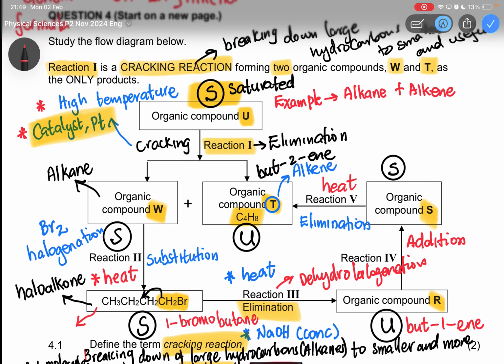Trying to simplify the work, so we are adding on to what you have already learned. And so these are just strategies. And remember Triple S USA, that can be a short version of remembering which compounds are saturated and which ones are unsaturated, and which reactions are taking place through those types of compounds.